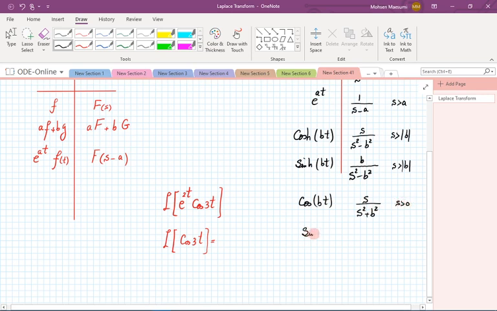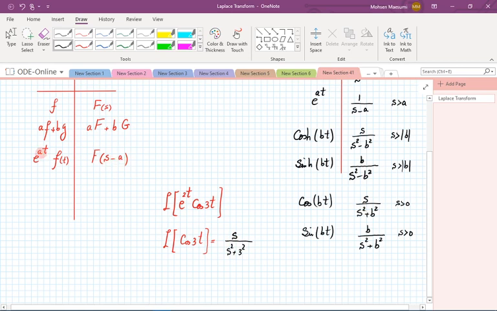Similarly, for sine of bt, the formula is very similar to this one, except that the sign in the denominator is plus. So first we pick up our formula here, which is s over s squared plus 3 squared. Then the question is, what is the 2 going to do? According to this formula, the 2 is going to replace every occurrence of s with s minus 2.